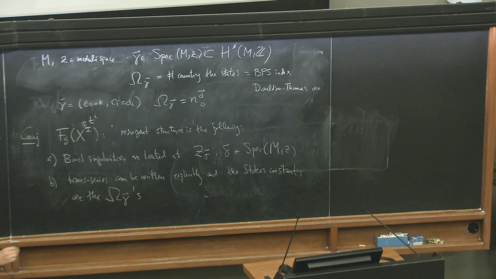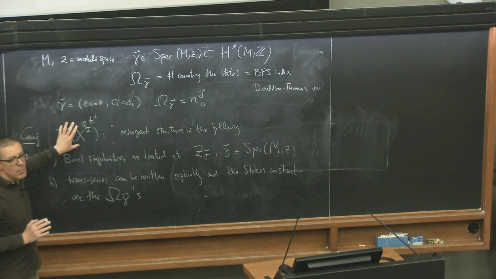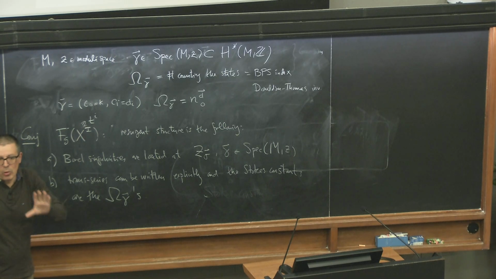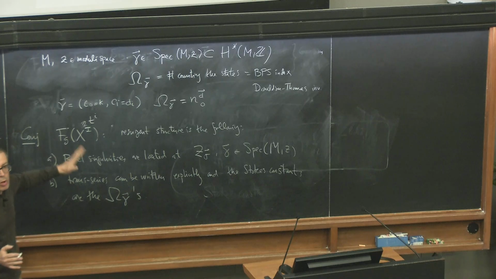Okay. So that's quite a remarkable statement, because these things are in principle computing either worldsheet instantons, or they are computing D0, D2 brane states. But what we are saying is that if you know how these F_g's behave when the genus is large, or if you want the resurgent structure, you know the full spectrum of D-branes on your manifold, okay?